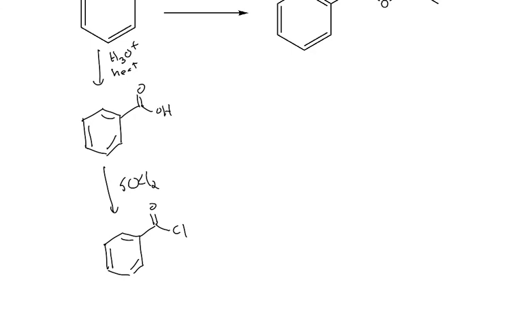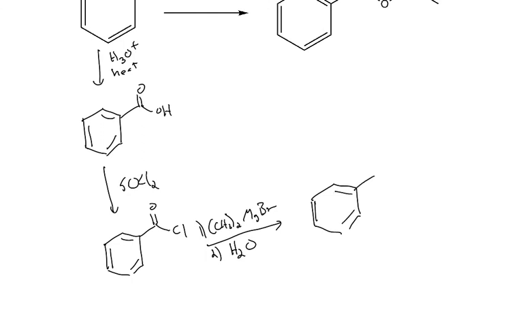Now I'm ready to react it with my Grignard reagent to add those two methyl groups. The Grignard reagent I need to use has two methyls for the R groups. Then I need the water workup. I add the two methyl groups, and I also reduce my carbonyl group to an alcohol.